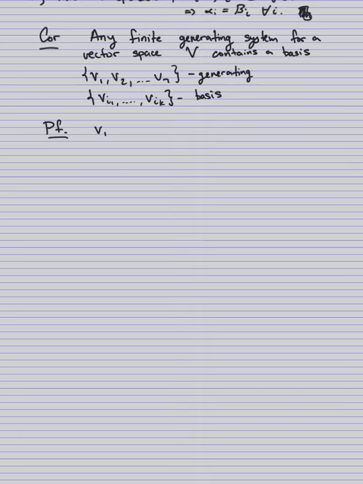So first we know that v1 up through vn is generating. By the previous proposition, if v1 up through vn is linearly independent, we're done.